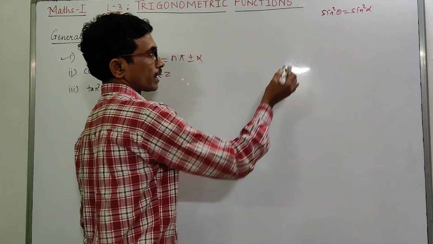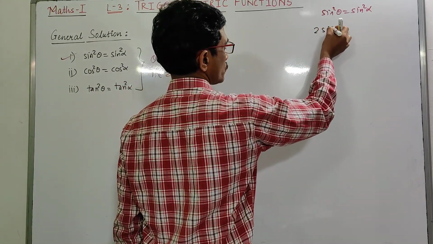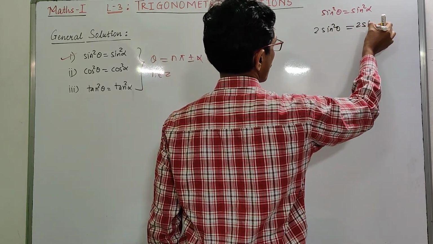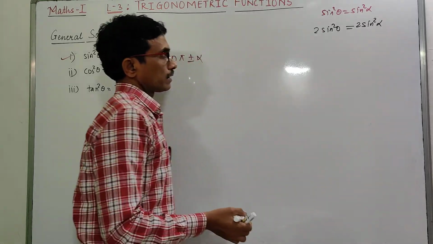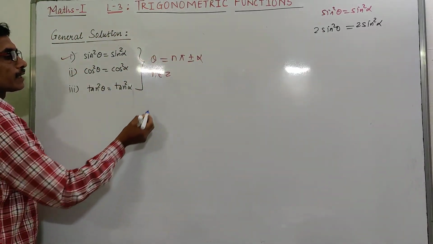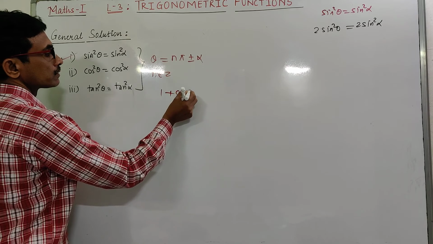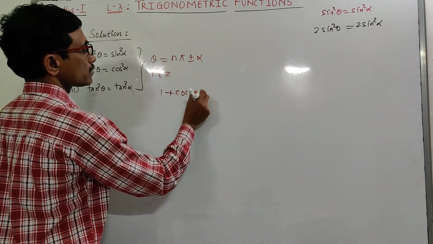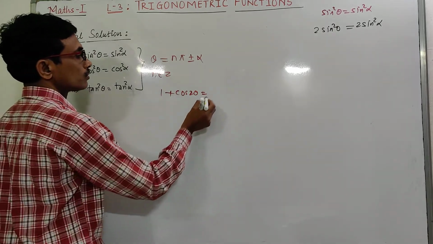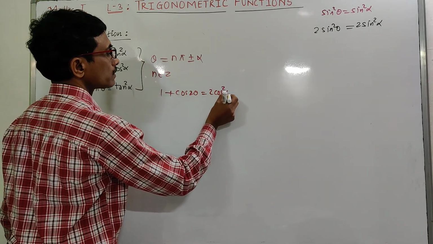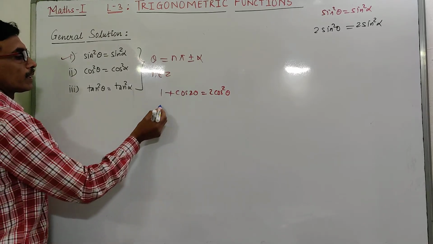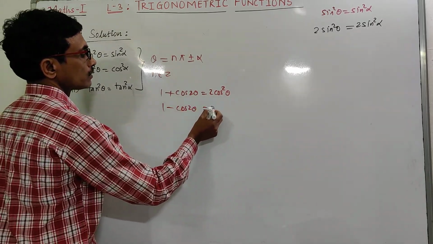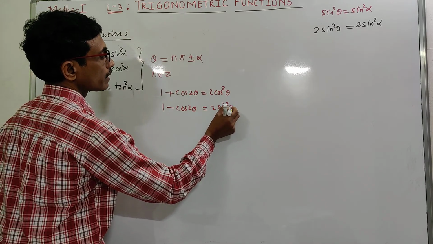Now multiply both sides by 2. 2 sin square theta is equal to 2 sin square alpha. And we have the identity that 1 plus cos 2 theta is equal to 2 cos square theta. 1 minus cos 2 theta is equal to 2 sin square theta.